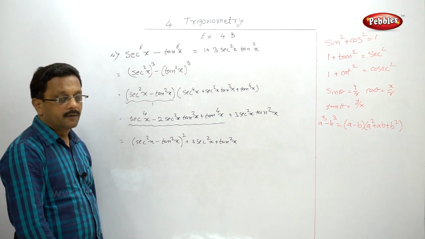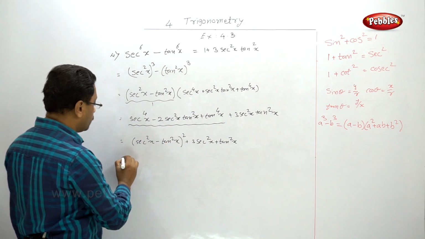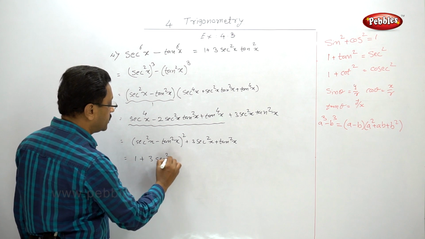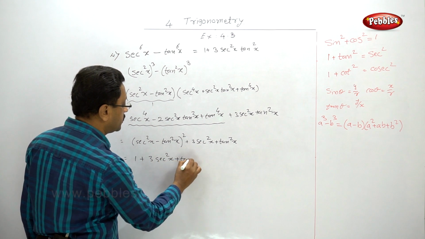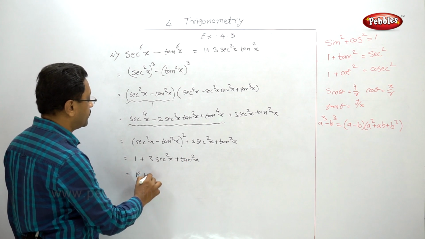Isn't it? Very simple. But sec square minus tan square is 1. So we have 1 plus 3 sec square x tan square x, which is equal to the right hand side.